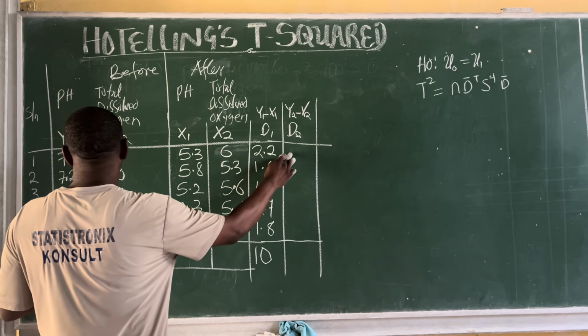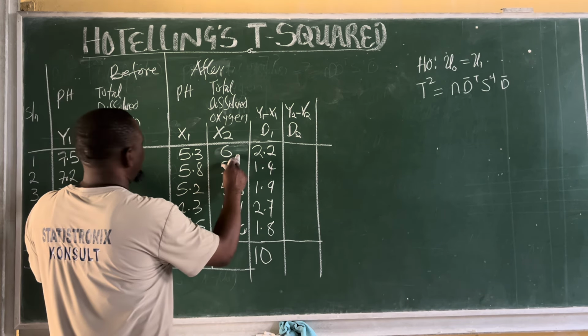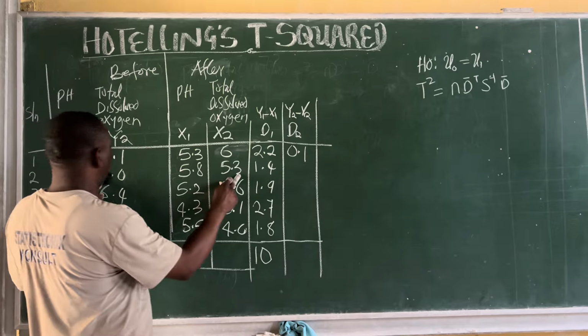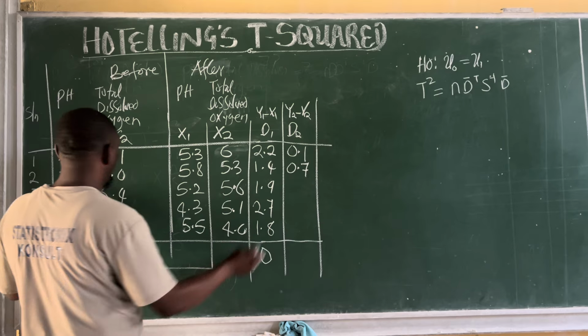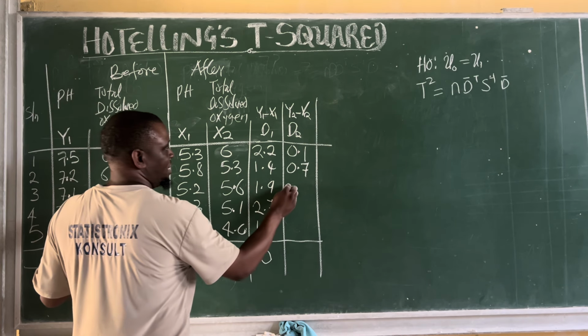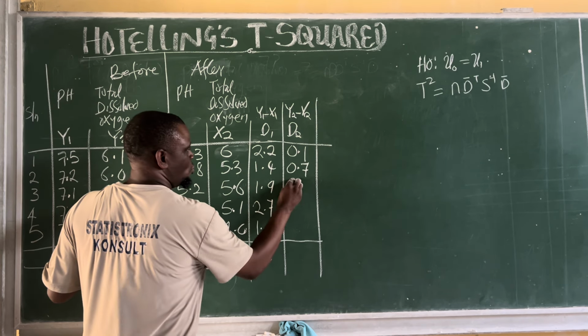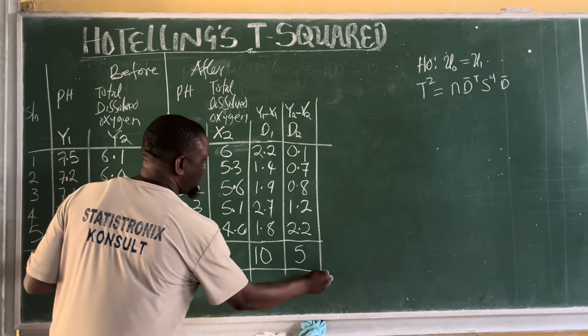Okay, so our D2 will be 6.1 minus 6, 0.1. So this will be 6.0 minus 5.3, 0.7. 6.4 minus 1.9, 0.8. So if we sum this, it will give us exactly 5.